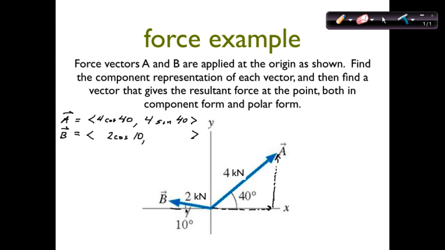What do you see about that? Negative. If you're going to use 10, then you have to include the negative. If you used 170, cosine of 170 is already negative, because cosine gives you the x coordinate. So if you did 170, you wouldn't have that negative. It would be part of the cosine. Make sense?